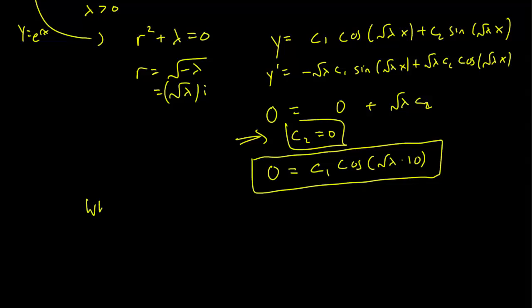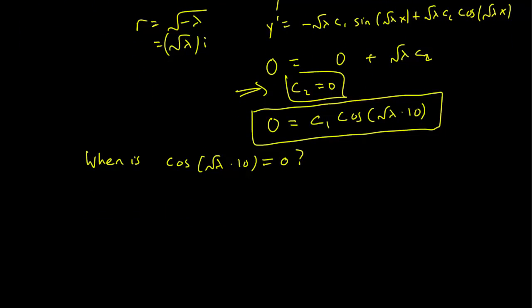So the question is, when is the cosine of root lambda times 10 equal to 0? Cosine is 0 whenever the argument is pi halves or 3 pi halves or 5 pi halves.